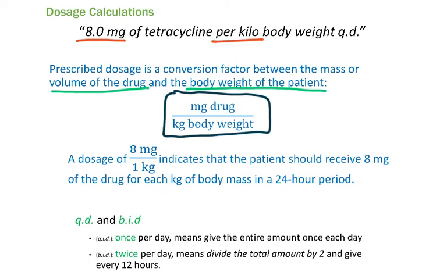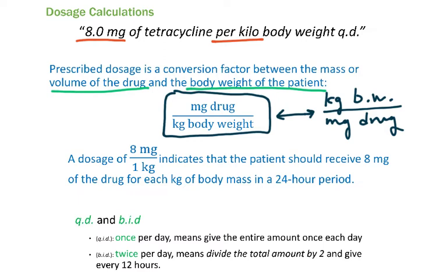Now, depending on the question and what you're trying to do, remember, if you had to, you could flip this, right? Maybe you know how much drug was given and you have to figure out what the body weight should be or was of the patient and make sure it's connecting. So it's a conversion factor, so you can flip it and always do it the other way.